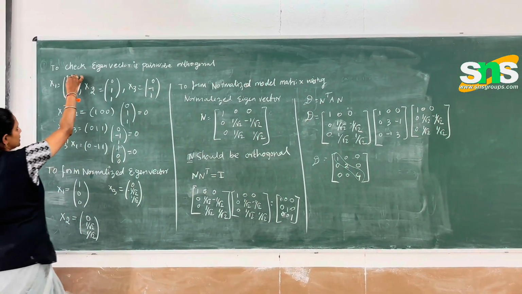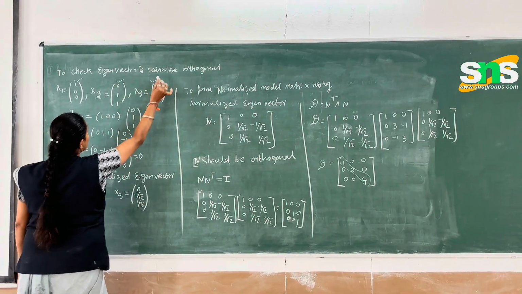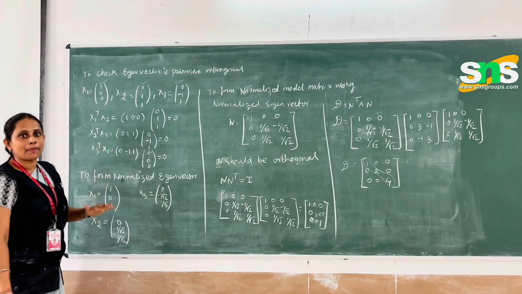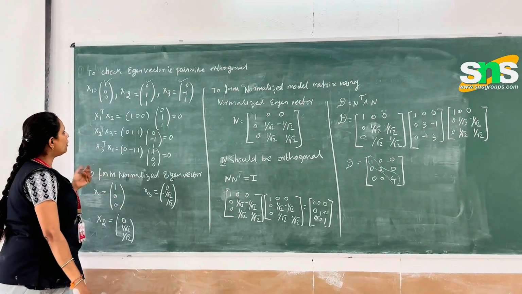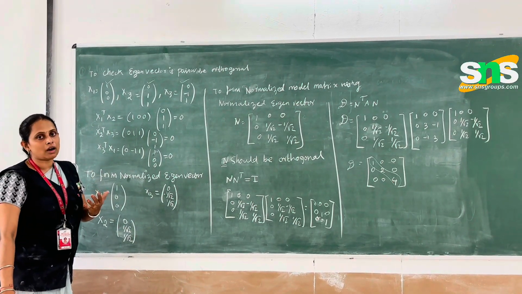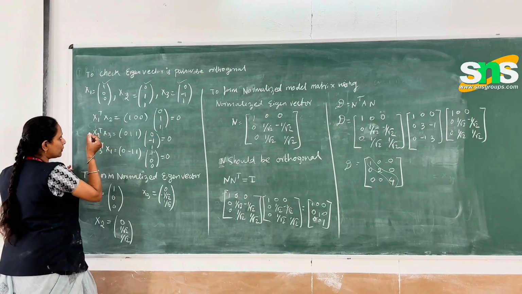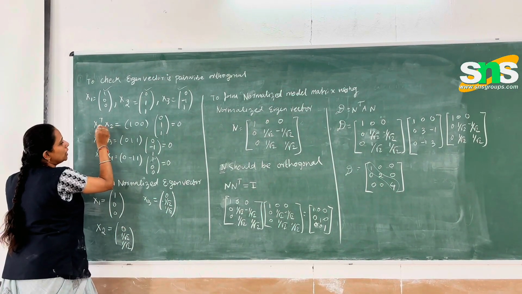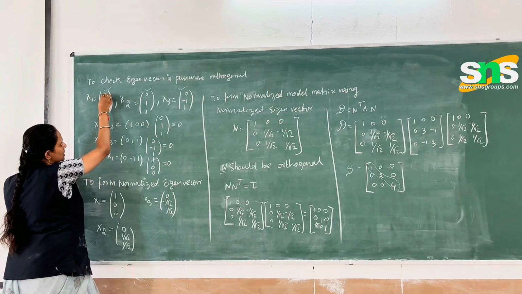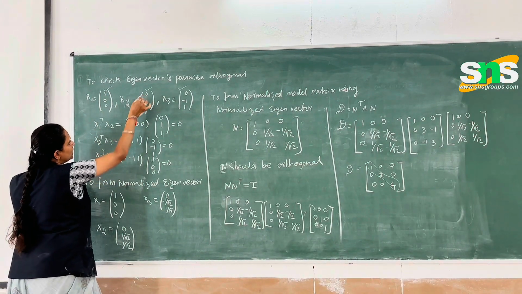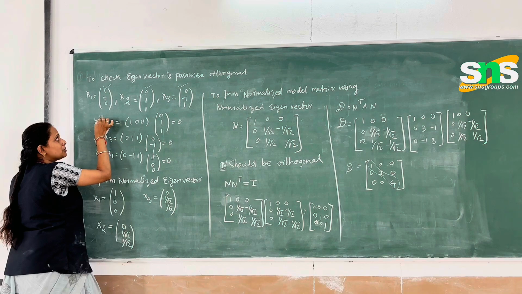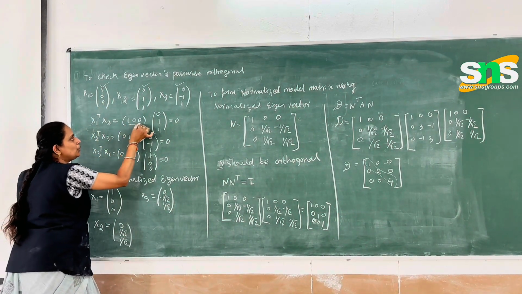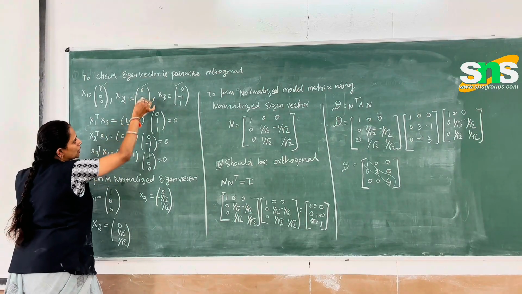In the previous class we saw what an eigenvector is. Next, we check whether the eigenvectors are pairwise orthogonal or not. For pairwise orthogonality, x1 transpose x2 should be 0. Here x1 is 1 0 0, and taking the transpose, the column is changed into a row. x2 is 0 1 1.